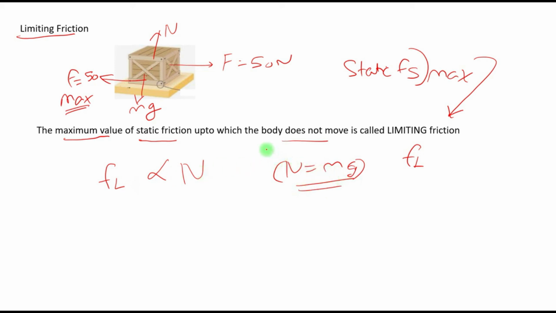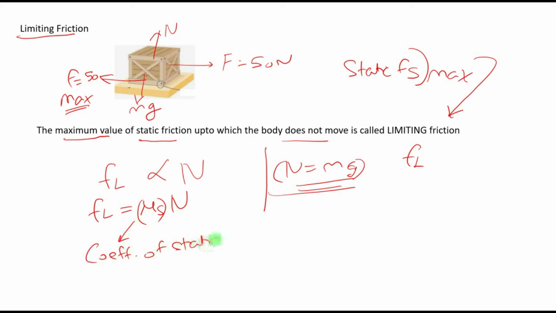So no need to write this. Just write this: FL is equal to mu times the normal reaction, where this is mu s. Now mu s is a constant called the coefficient of static friction. Let me repeat what each term means. FL stands for the limiting friction, N is the normal reaction, and mu s stands for the coefficient of static friction.